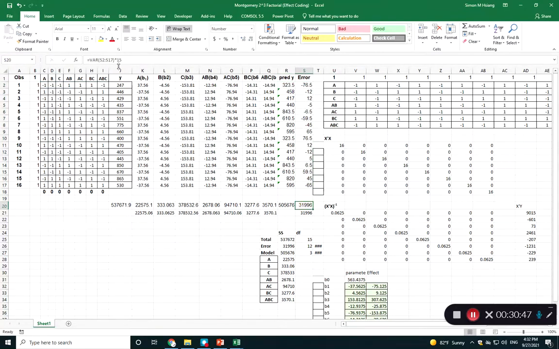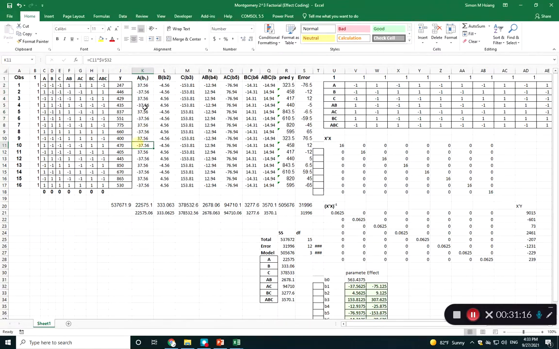And once you have your error term done, and the differences, that will give you your sum of square error. And for your A term and B term sum of square, you can calculate it one by one. So when A effect is 37, right?